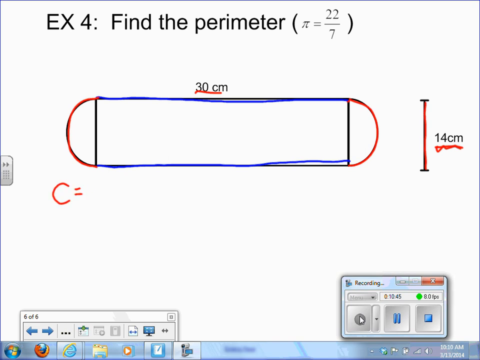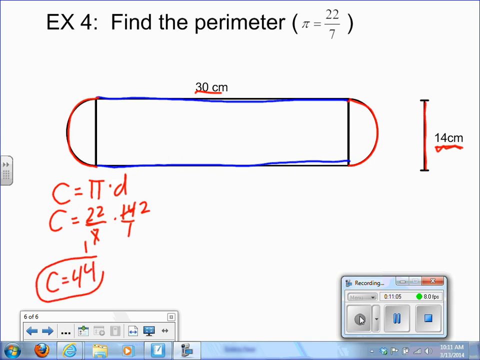So first let's find that circumference. The circle is pi times diameter. It says leave it, 22 sevenths. So we use 22 sevenths times 14. So 22 times 2 is 44. That means that the curved sides are 44. Or separately, this one's 22, and this one is 22.